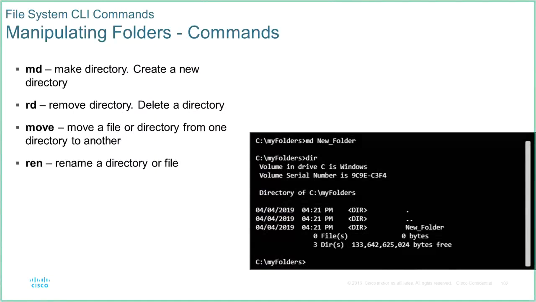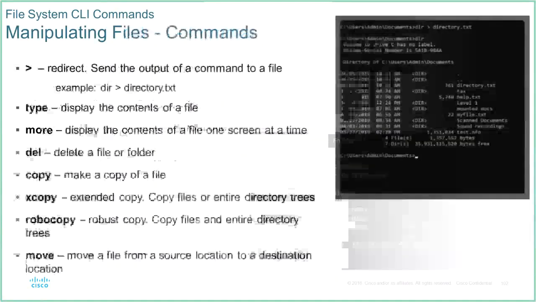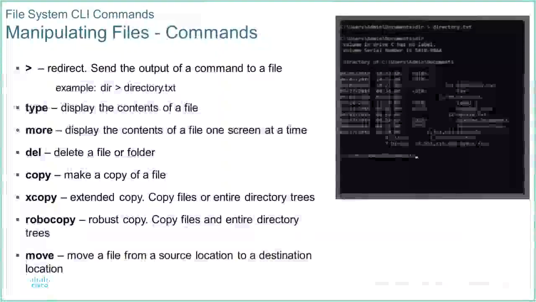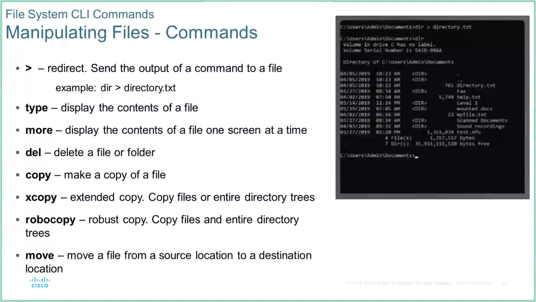Then if you want to move files, you can move the file from one place to another. You can rename files or directories with the ren command. You can redirect outputs, so you can do a directory and tell it to put that into a text file. This is very useful when you're creating automation things.